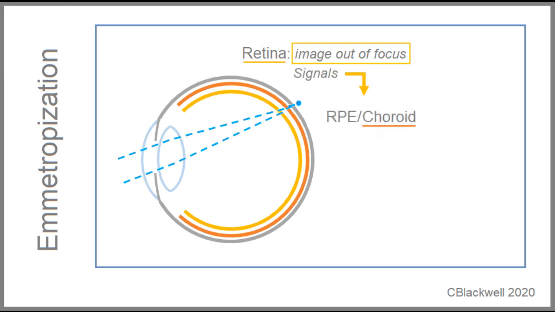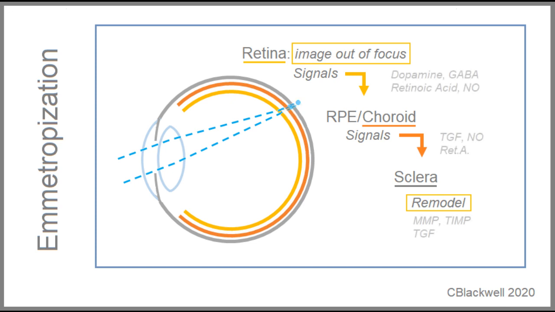The retina generates a signal to the RPE choroid. The choroid then generates its own signal, which tells the sclera to remodel and in which direction to remodel. Some of the candidate signaling molecules are listed here, including dopamine, as we mentioned before, also retinoic acid, nitric oxide, and growth factors.